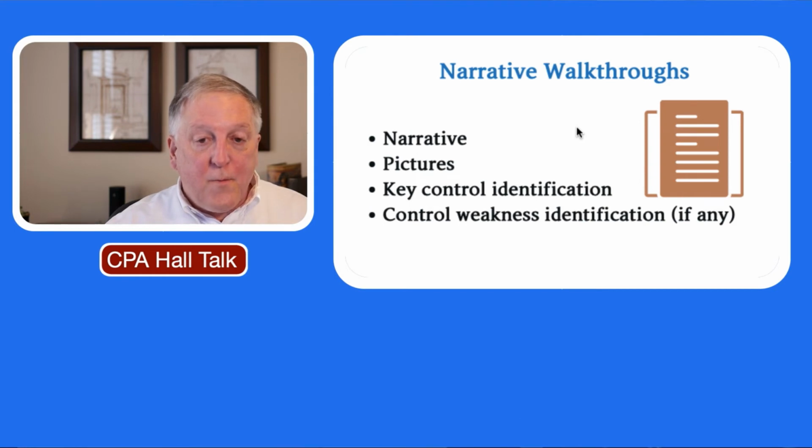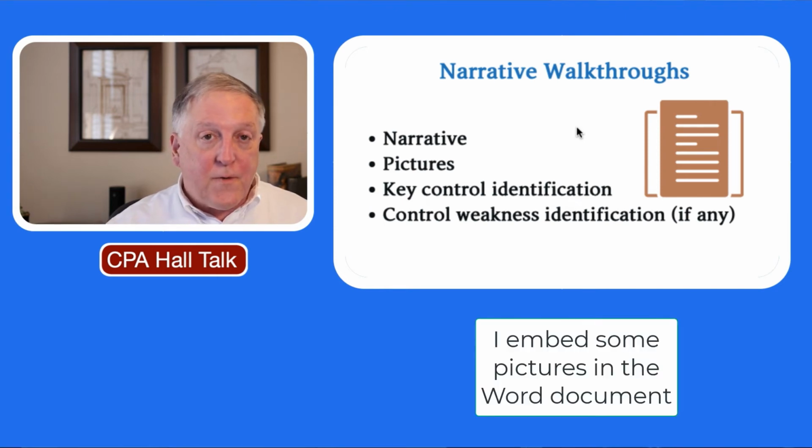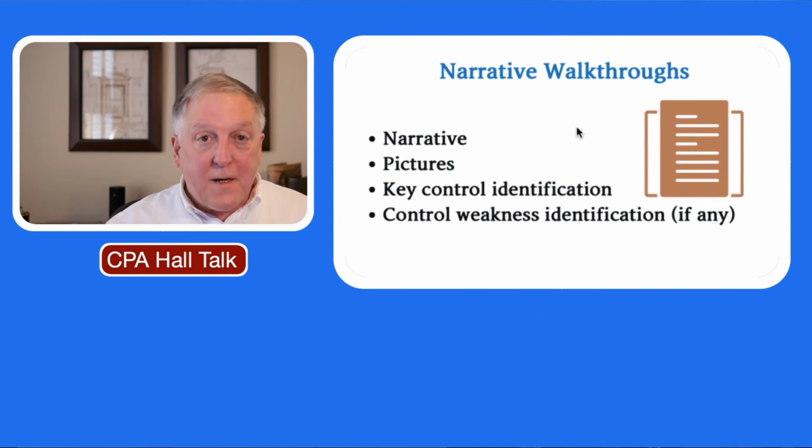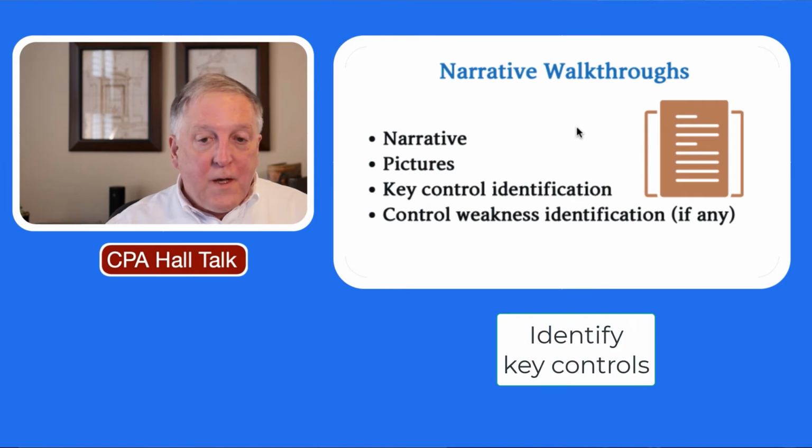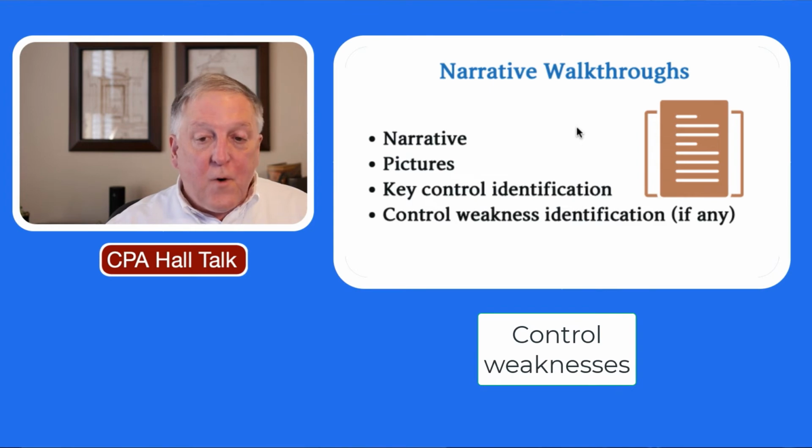But again, the important thing is the internal controls. Sometimes I will embed the pictures from my iPhone in that Word document so you can actually see what I saw. And then I'm identifying the key controls in that transaction area and any control weaknesses if we have any.